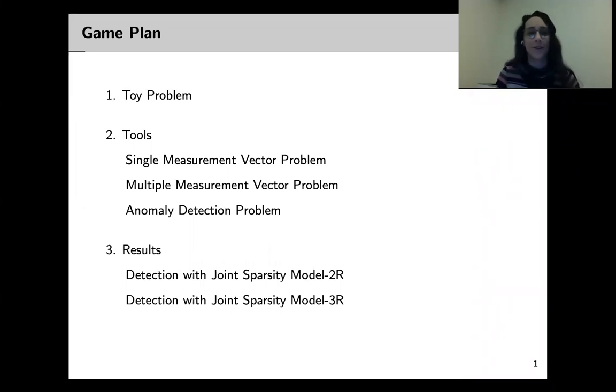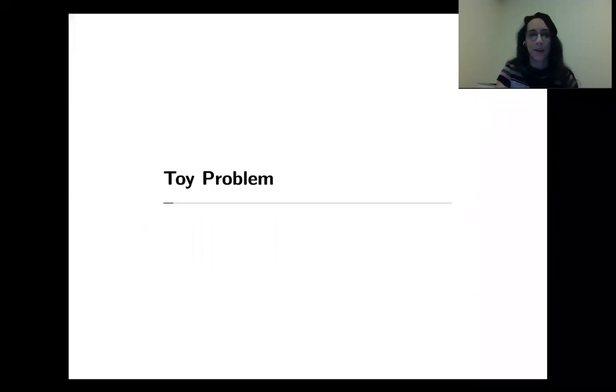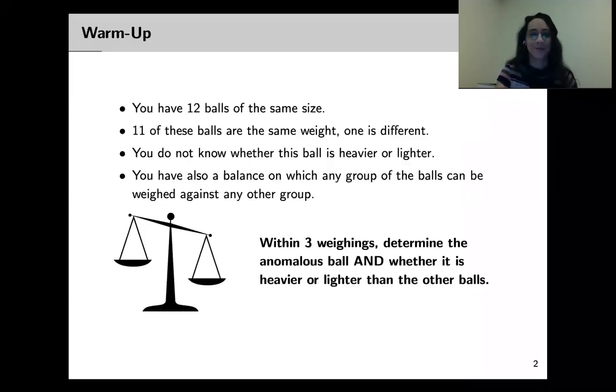I'll talk about some more concrete tools. I'll talk about the single measurement vector problem, the multiple measurement vector problem, and then finally this problem of anomaly detection that we want to address. And then I'll talk about some of the actual results that we had.